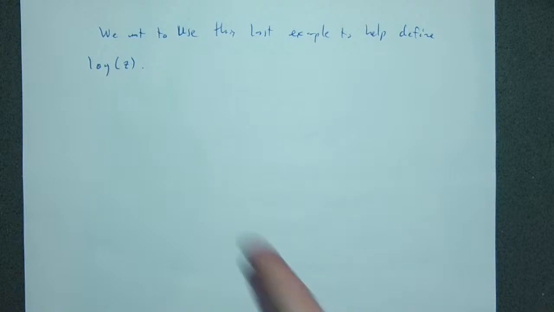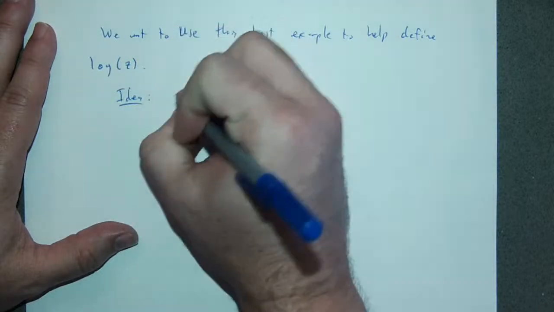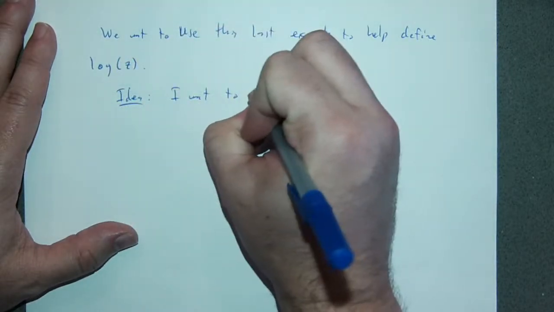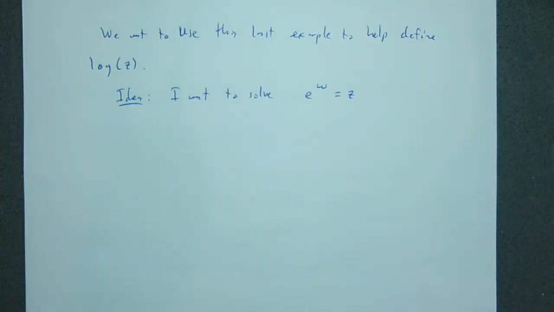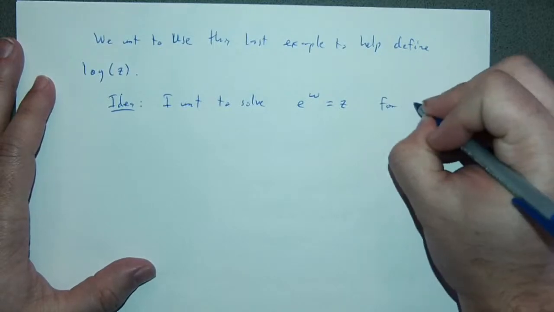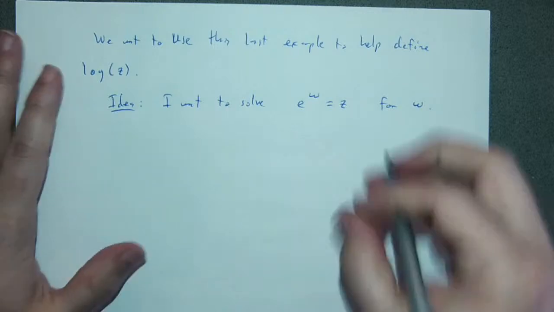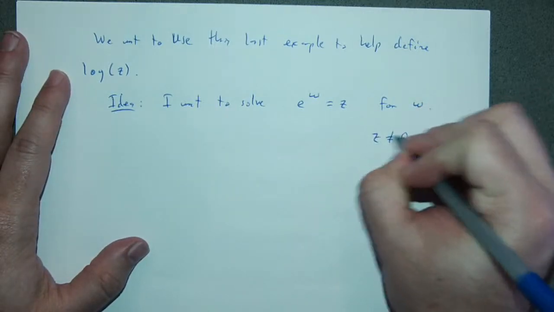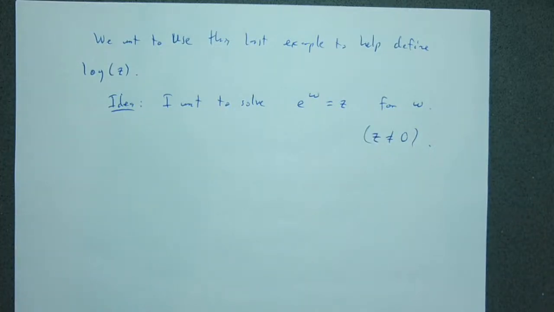So how does this go? The idea is I want to solve the equation e to the w is equal to z for w. And here, the z is any non-zero complex number. From what I said just a second ago, this equation always has a solution so long as z is non-zero.